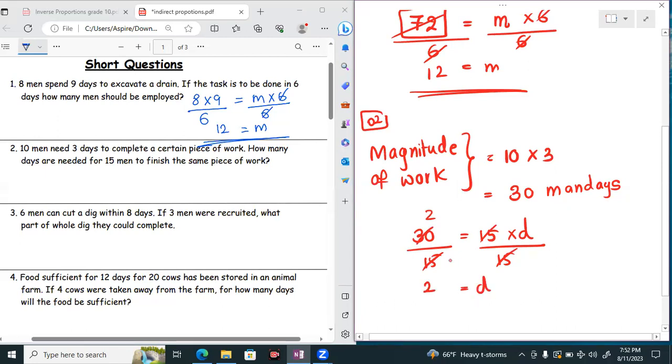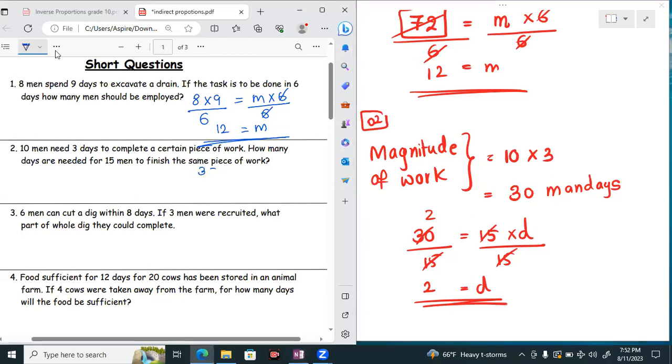Okay, then in this case also we can do this at once like this, md equals md. Okay, how do we do this? We calculate the magnitude of the work with the given values. It is 10 times 3 equals, then the magnitude of the work can be calculated by the initial values given.